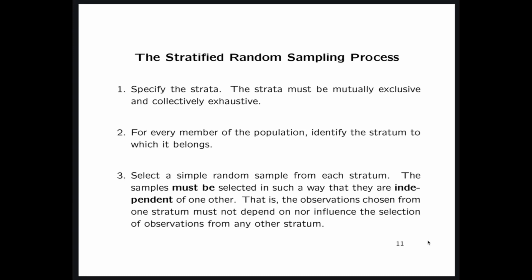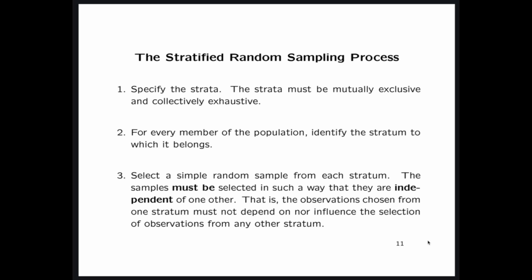The strata must be mutually exclusive and collectively exhaustive. What that means is that there's no overlap between the various strata, and that if we put the strata together, we get the entire population. Another way to say that is that every member in the population belongs to one and only one stratum.